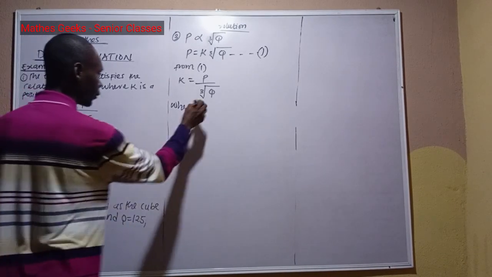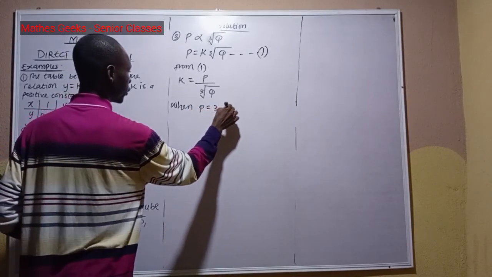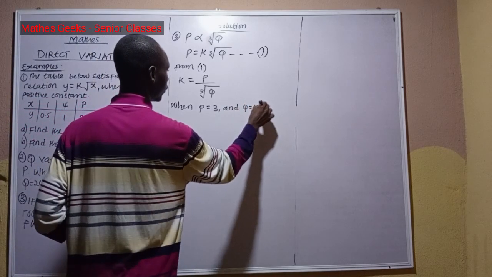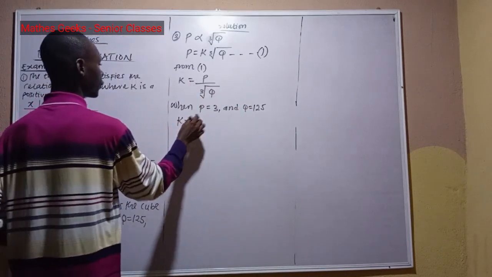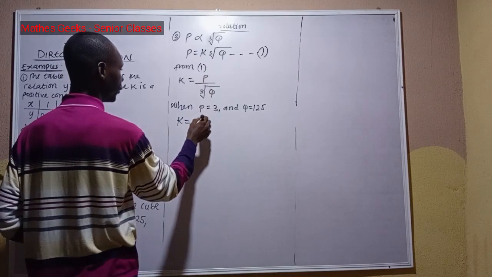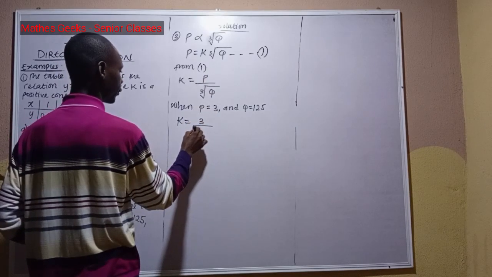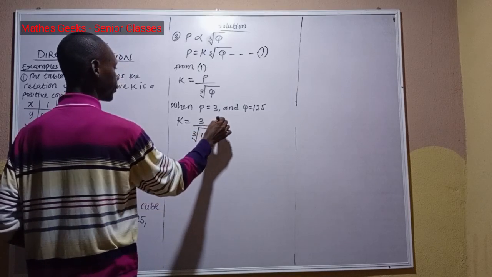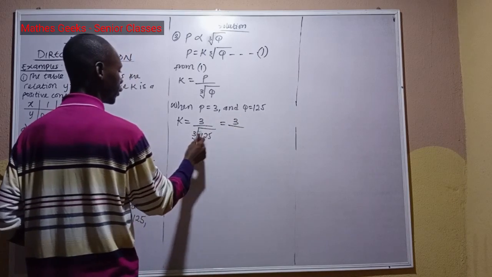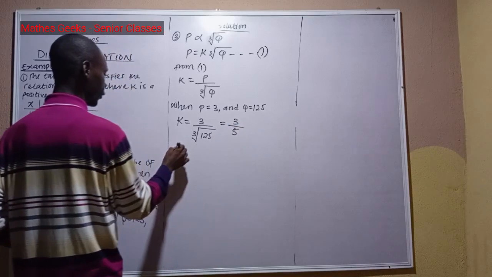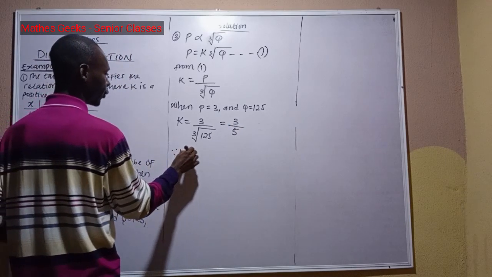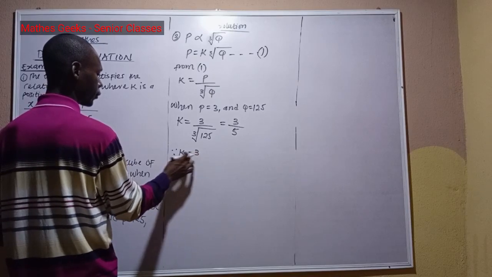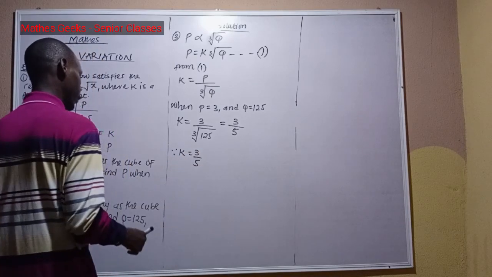When p is equal to 3 and q is equal to 125, k is equal to p, which is 3, over the cube root of 125. The cube root of 125 is 5. So therefore k is equal to 3 over 5.